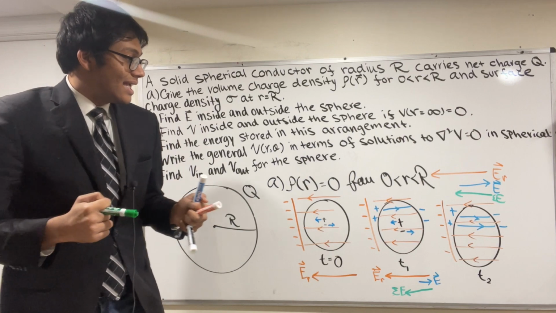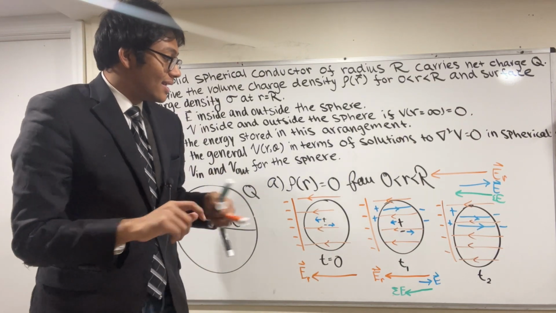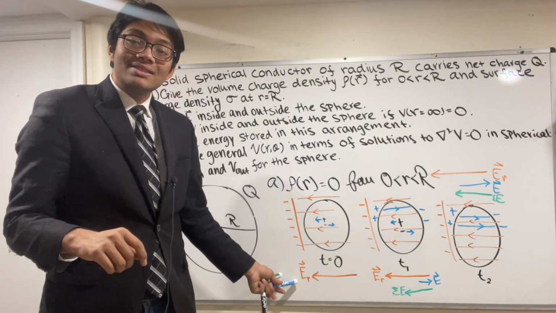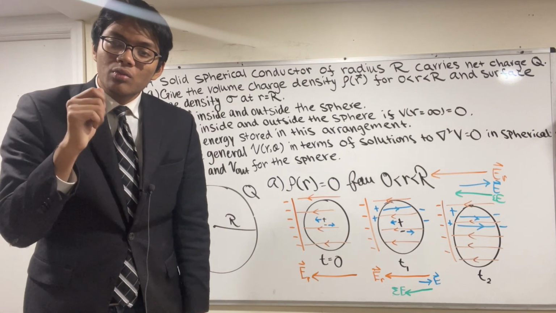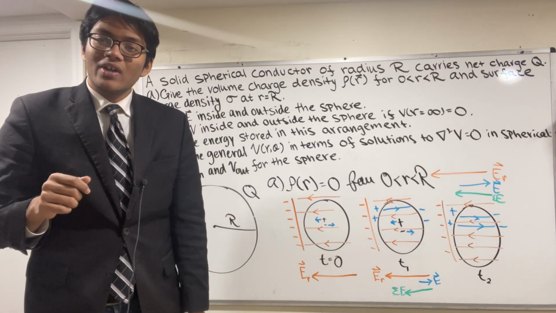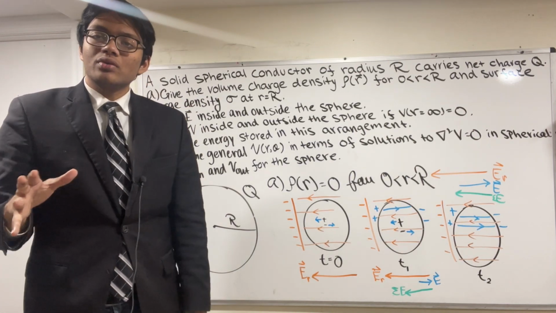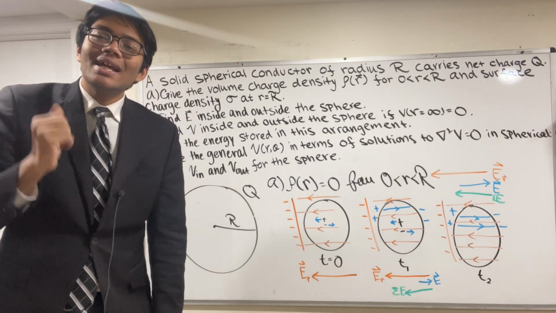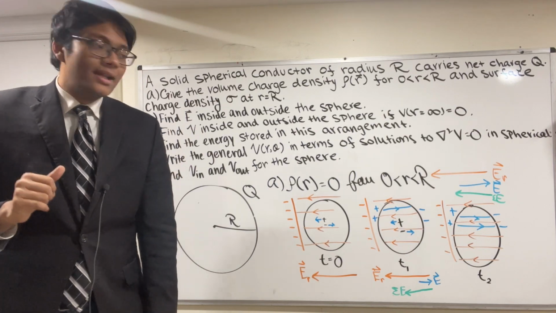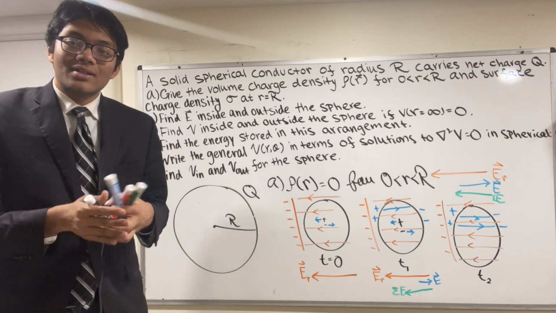And so it so happens that until the electric field inside the conductor is reduced not to 0.5, but to 0, nil, all the charges will separate. That is the big idea. That is the reason why the electric field is zero inside conductors.